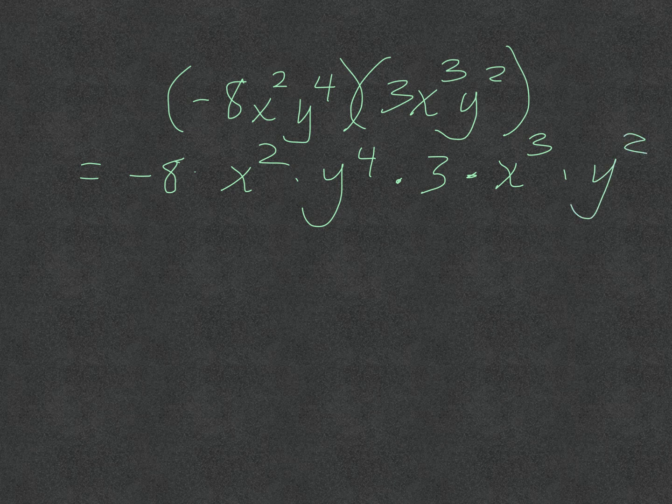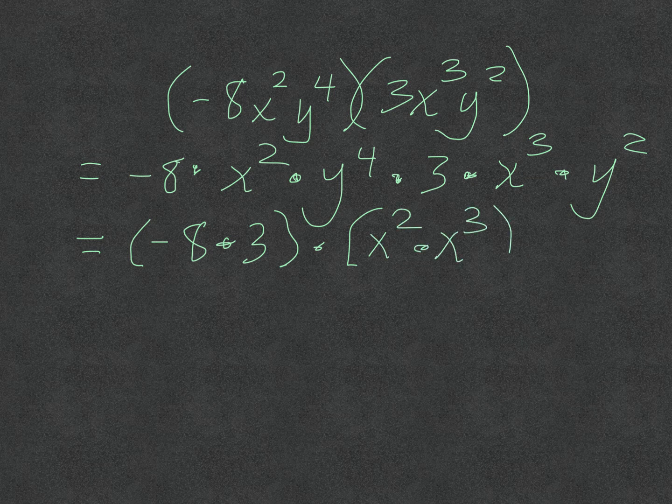Now, essentially, if I break this down, since this is all multiplication, that means I can use the commutative and associative properties of multiplication to rearrange this. So I'm going to rearrange it as negative 8 times 3 times x squared times x cubed times y to the fourth times y squared.